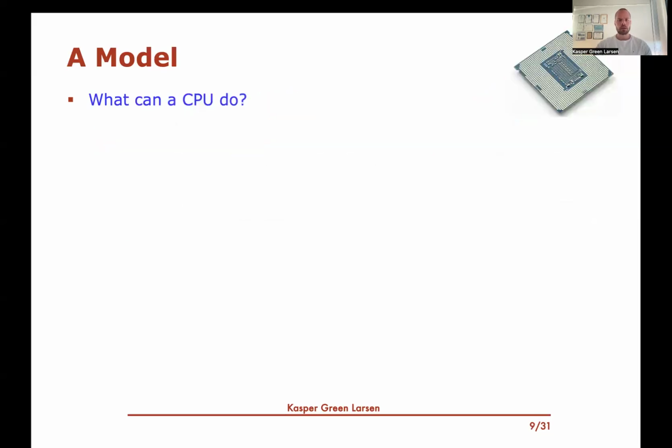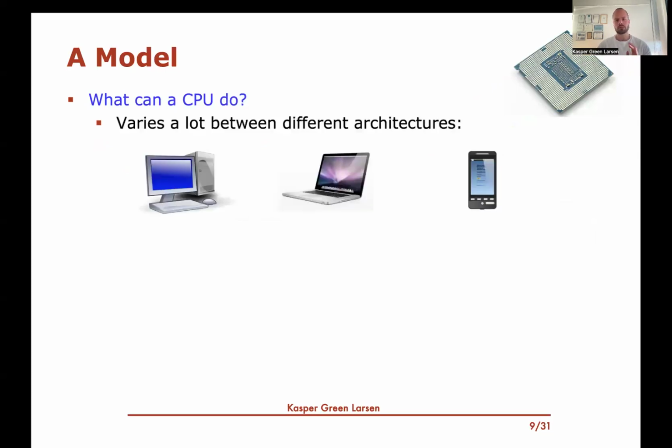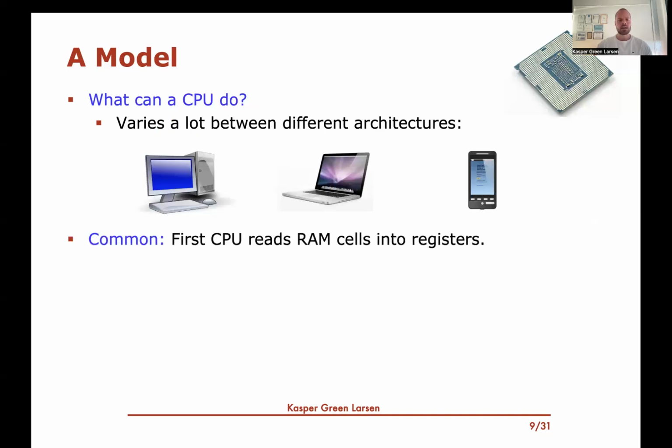Okay, what about the CPU? What can the CPU do? This is what perhaps varies between different architectures, which might have different instruction sets. But one thing that is common, and this is what we'll be using, is that first the CPU reads some RAM cells into registers.